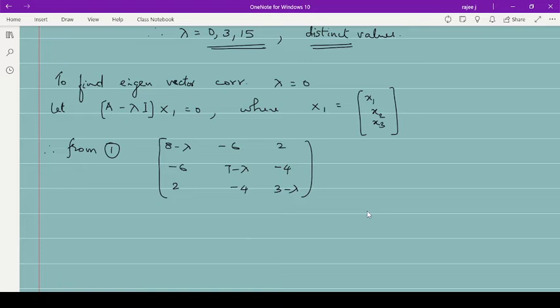With lambda equal to 0 we get 8, 7, 3, and x1, x2, x3 equal to 0, 0, 0.